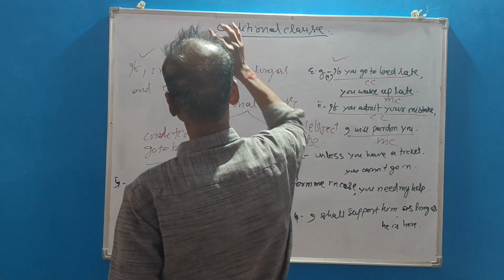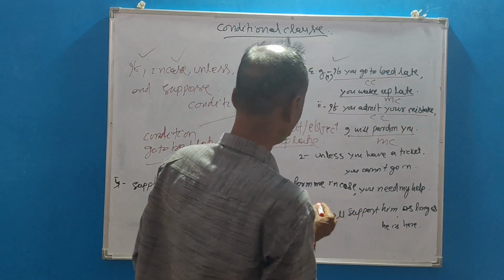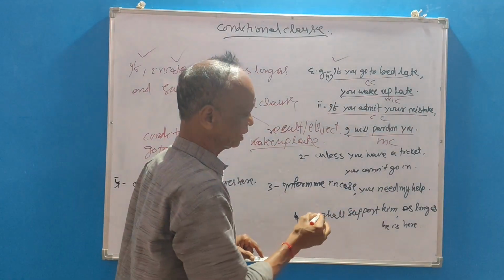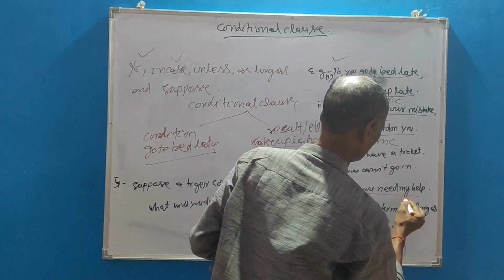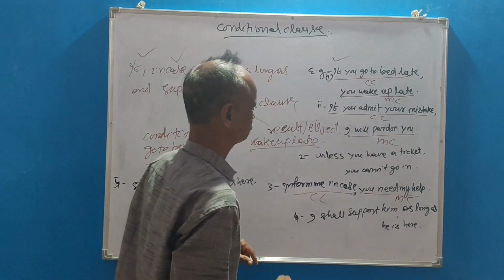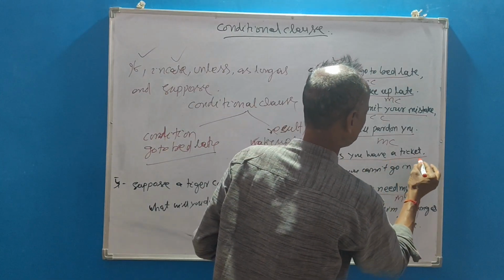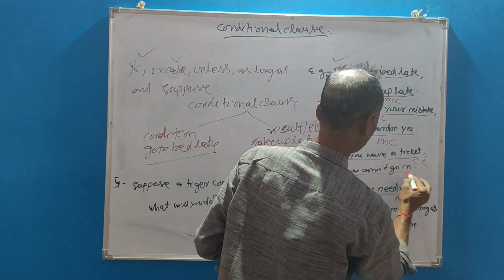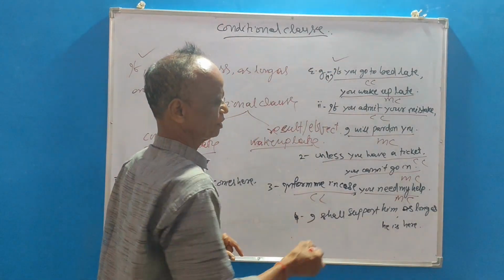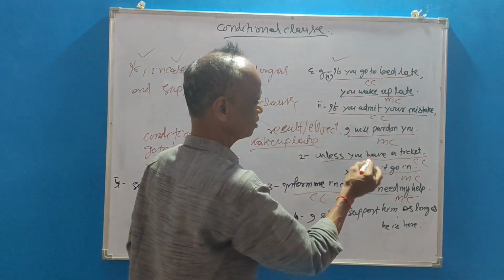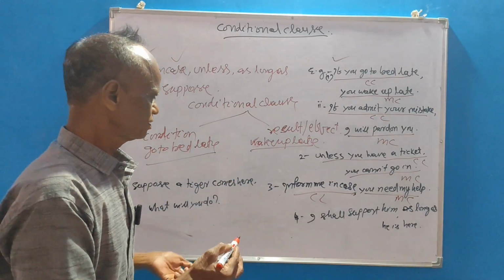Then in case, suppose, inform me in case you need my help, that is conditional clause. Unless you have a ticket, conditional clause, you won't go in, main clause. Ticket, that is condition, go in here, result or effect.